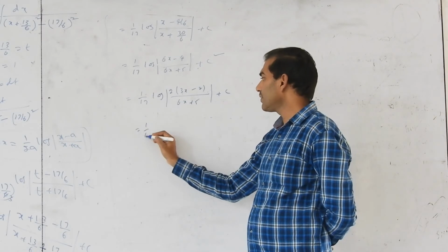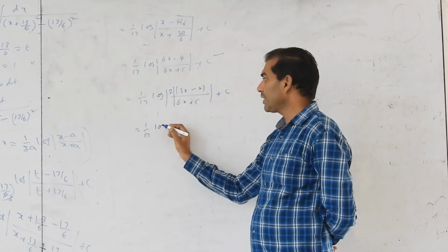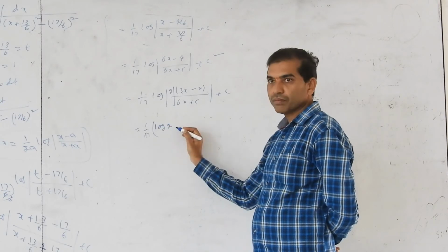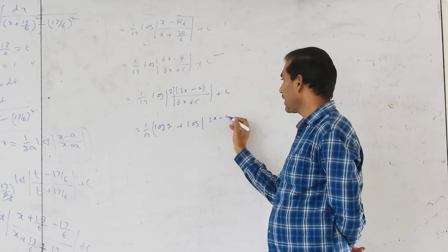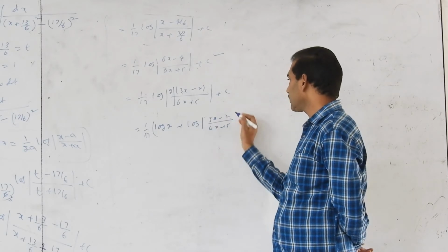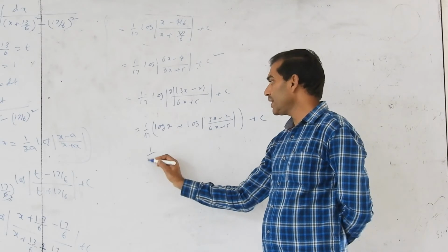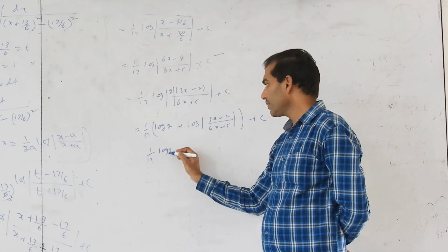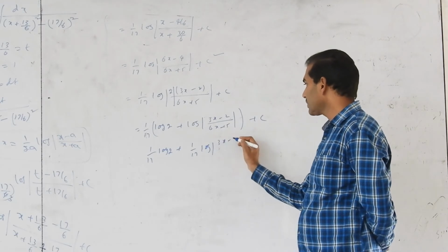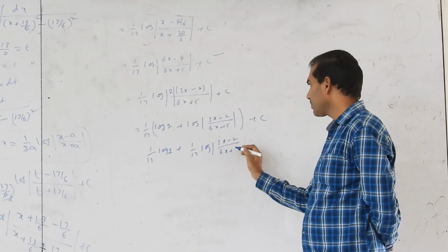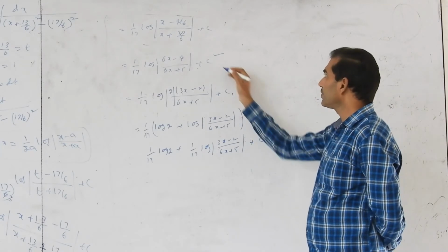Here 1 by 17 log of m into n equals log m plus log n, so 1 by 17 log of (3x minus 2) by (6x plus 5) plus C1 plus 1 by 17 log 2.